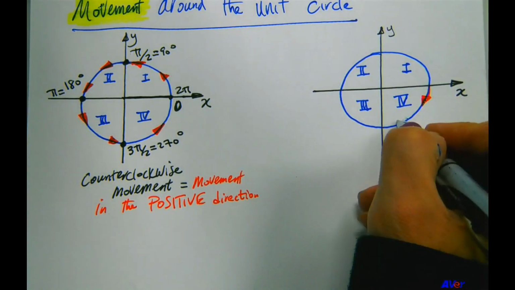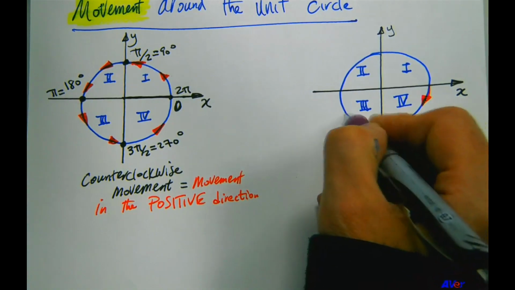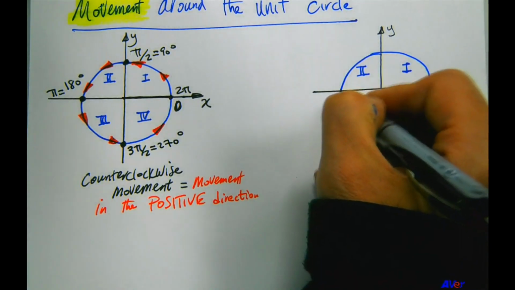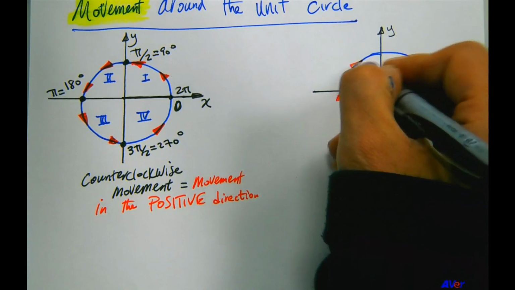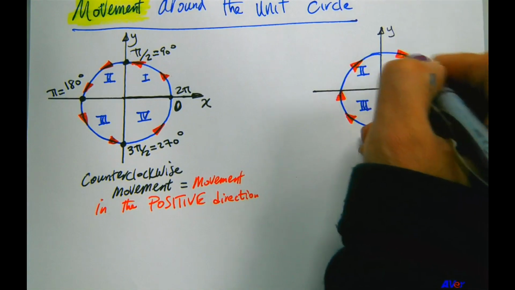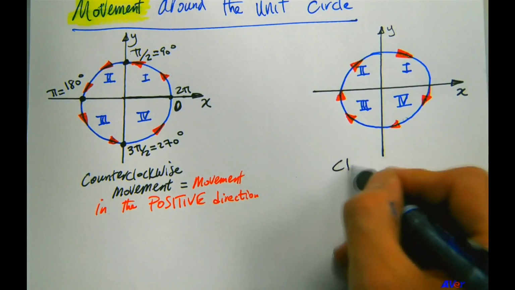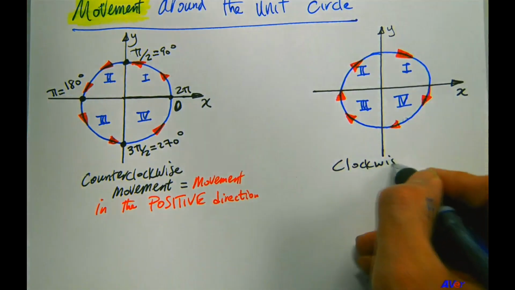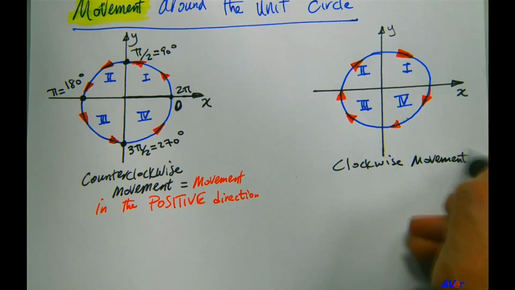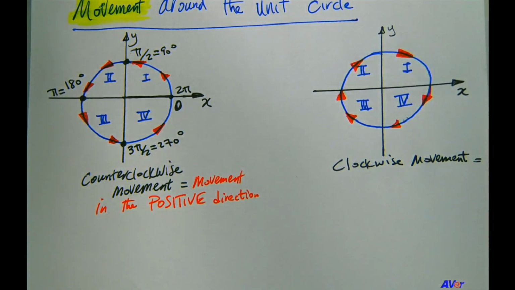So this way and this way. Like that. So this would be in the clockwise movement, that is equal to movement in the negative direction.